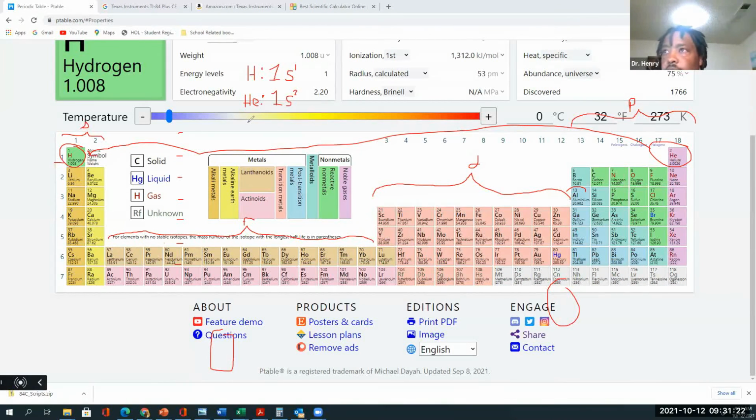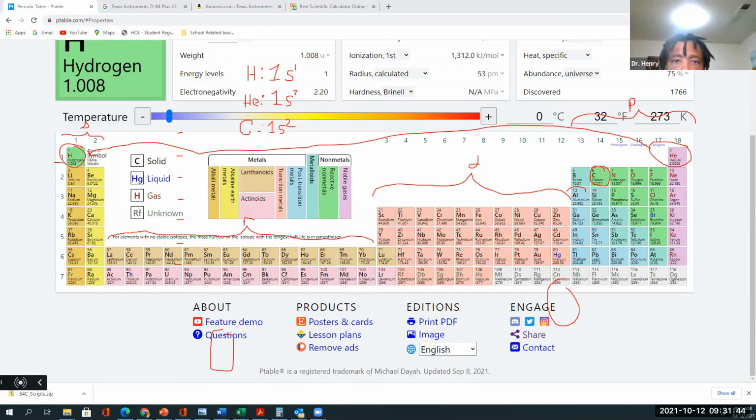So if we were doing, let's say, carbon, this guy would be 1s2. So let's put carbon where carbon's at.